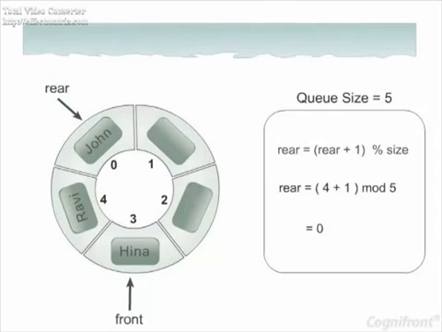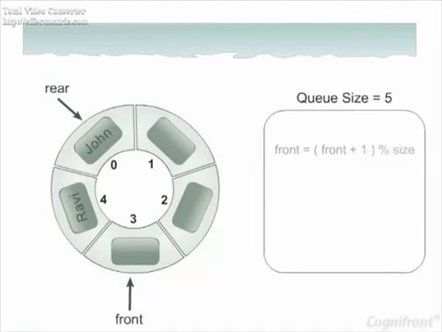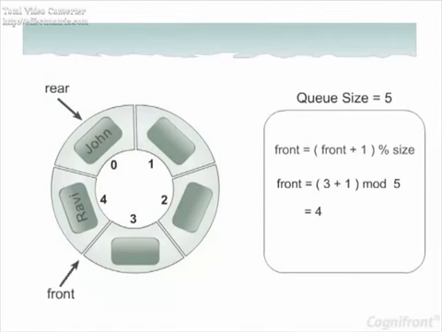Similarly, if we want to delete a name, then the name pointed by front is deleted, which is Hina. Now calculate front is equal to (3 + 1) mod 5, which is equal to 4. So, front is shifted to the 4th location.